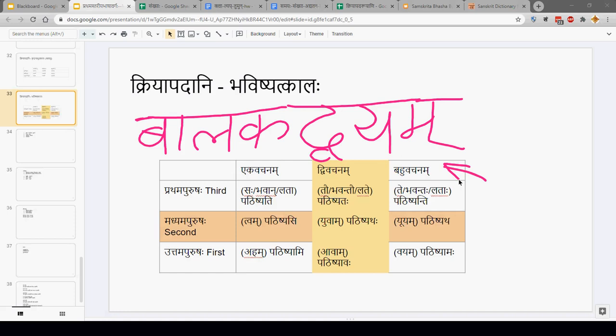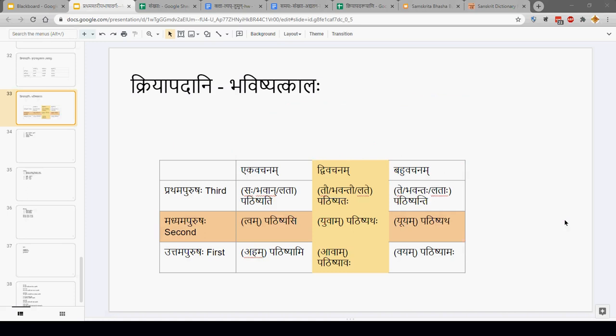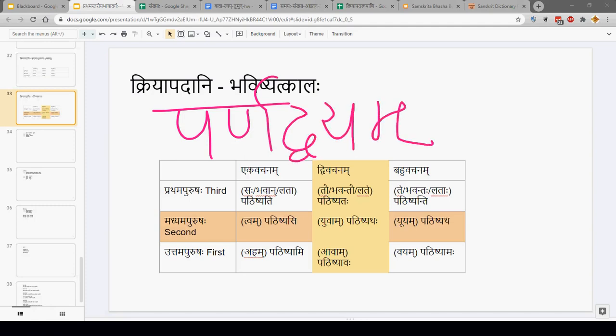Similarly, if two boys are going, you can use this dvayam and just use the singular form of gacchati, or balaka dvayam patati, etc. Similarly, if there are two leaves, parna is the base form, parnam is the prathama vibhakti form, but we do not want to use any vibhakti ending form, so just use the base noun parna, parnadvayam patati, two leaves fall.